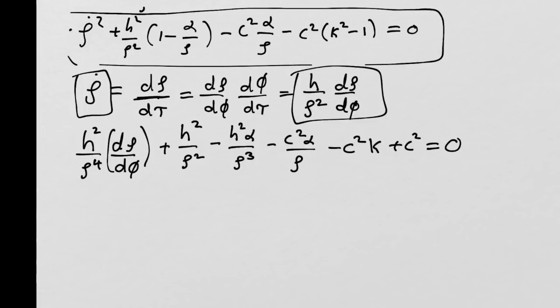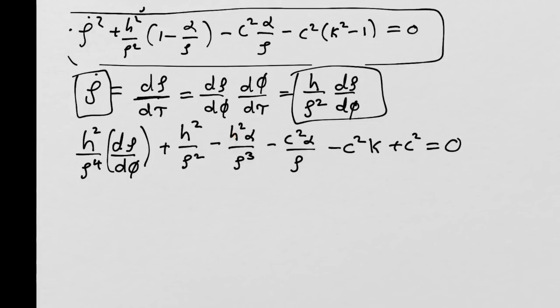If c equals 1, then we know alpha is measured in distance, because that's our unit when c is 1. So this becomes unitless. This becomes unitless here. This is h squared alpha over rho cubed.